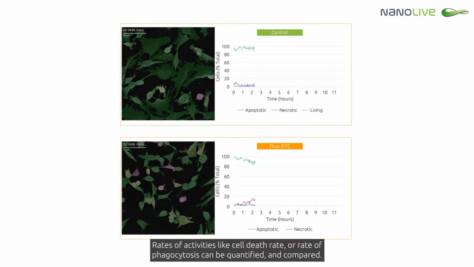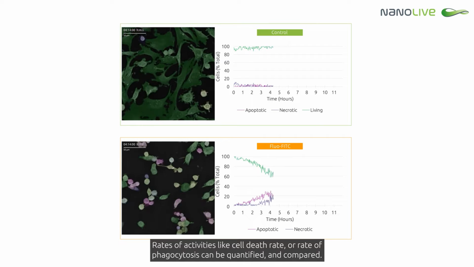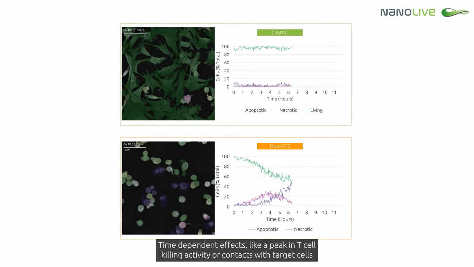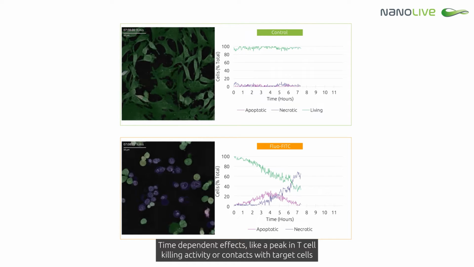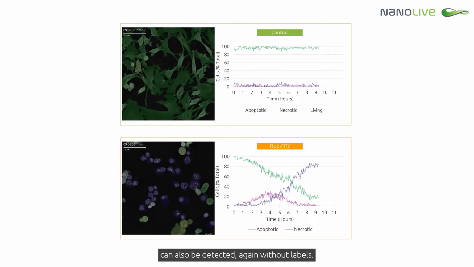Rates of activity like cell death rate or rate of phagocytosis can be quantified and compared. Time-dependent effects like a peak in T-cell killing activity or contact with target cells can also be detected, again without labels.